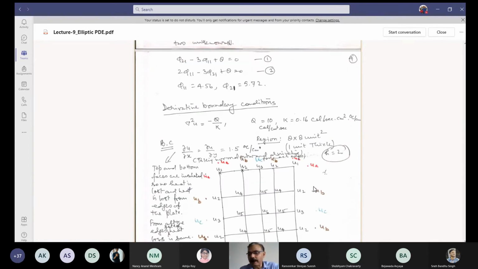It is del square u equal to minus q by k. Q and k values are given, right?